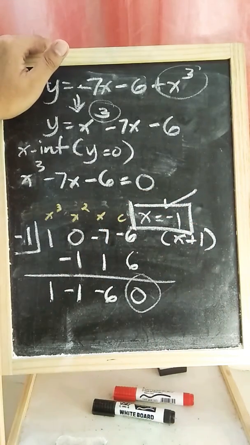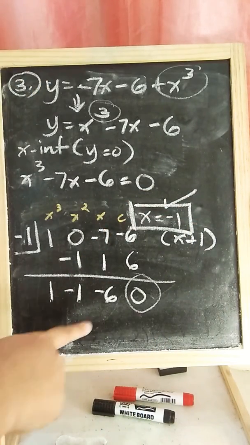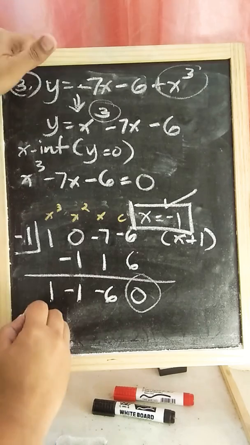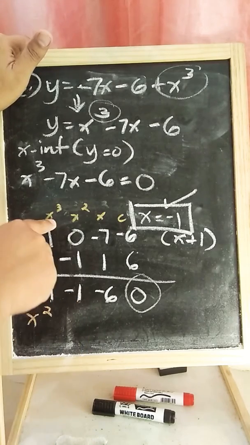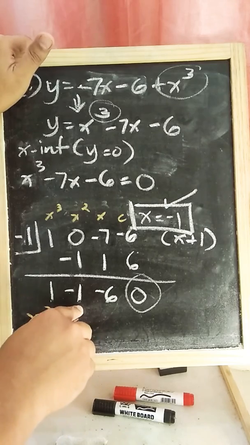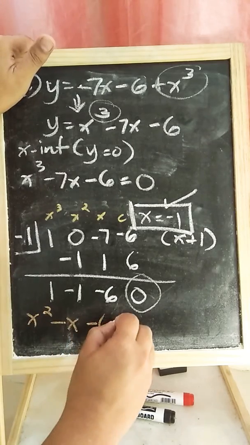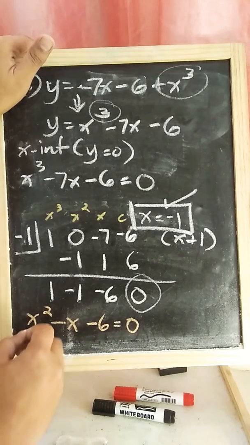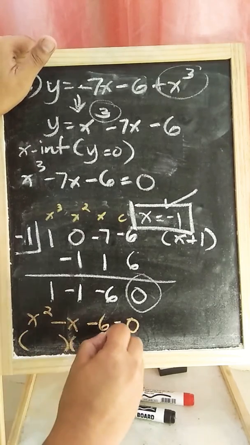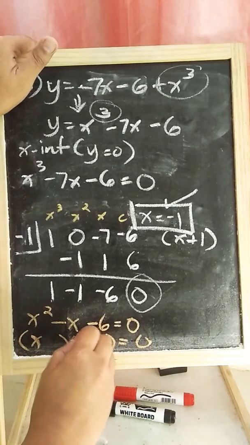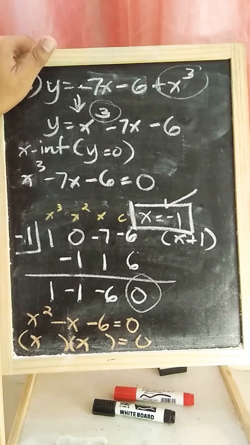Now, paano natin hahanapin yung iba pa? From here, this is actually x squared, kasi sa cube ka nag-umpisa, minus x, kasi 1 ito, minus 6 equals 0. Now, pwede na ito by factoring. Factors ng negative 6 na kapag kinumbine, ang sagot ay negative 1.